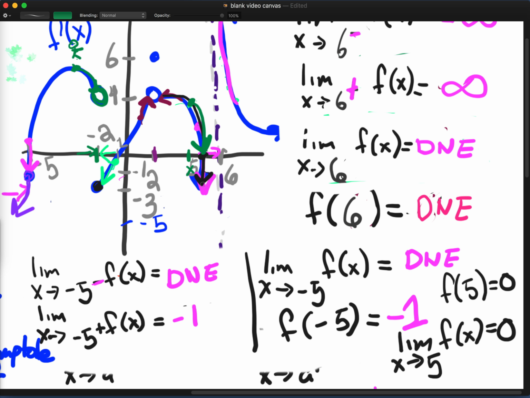And from the left, you're over here. The function keeps going down and gets closer and closer to that vertical asymptote. So you kind of go this way up here. Does that make sense? Yes.